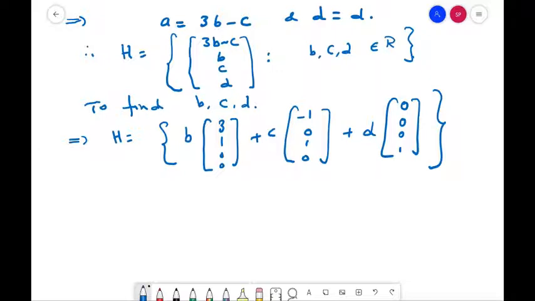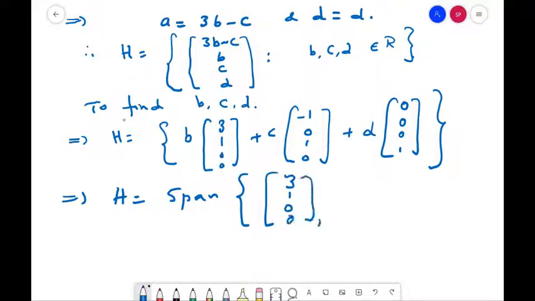You have a set of vectors here. It is given that H is equal to the span of the set containing (3, 1, 0, 0), (minus 1, 0, 1, 0) and (0, 0, 0, 1).